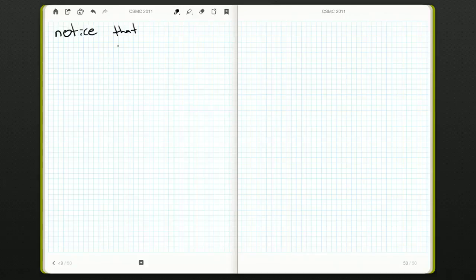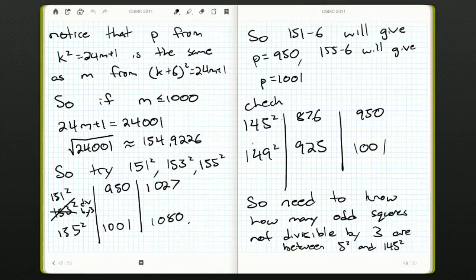Does that help us with anything? It'd be great if they were different by a multiple of 3. Alright, but they're not.